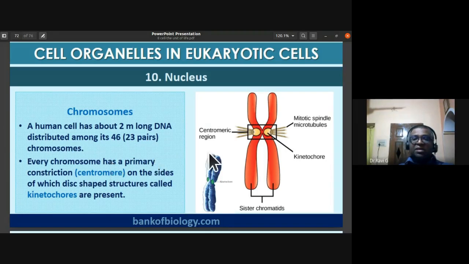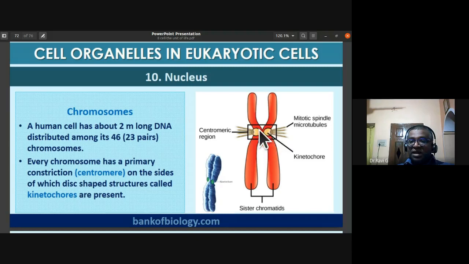DNA is microscopic, but if you join all the DNA, it would be 2 meters long in human beings. Every chromosome has a primary constriction.